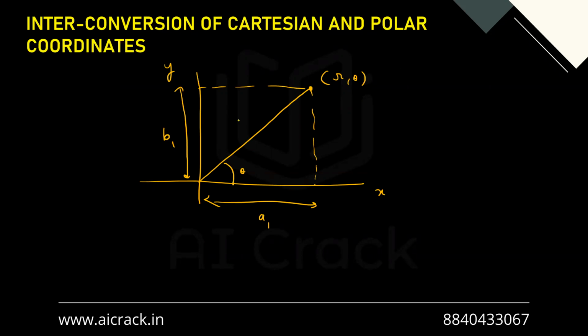I can clearly say that this a1 distance would be nothing but r cos theta, and b1 distance, basically this distance is also b1 because this is a rectangle, b1 would be r sine theta. So this is how we have to interconvert Cartesian into polar or vice versa, right?